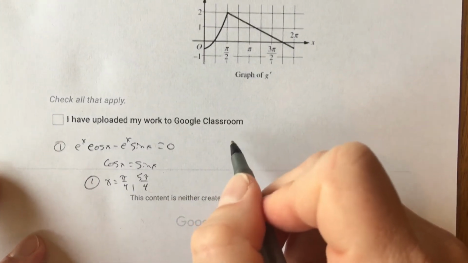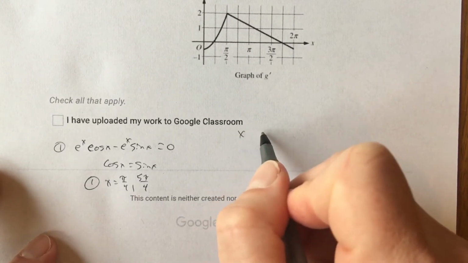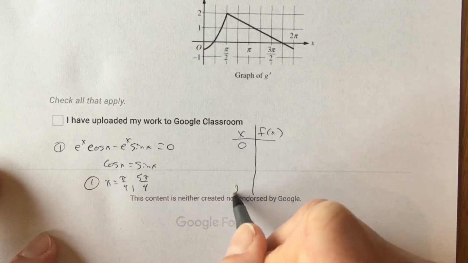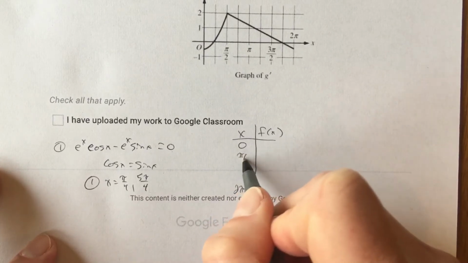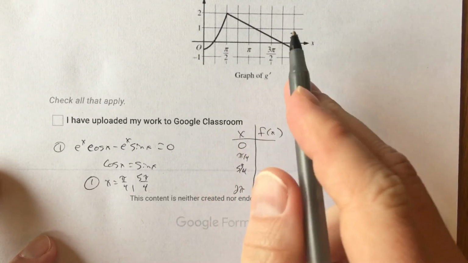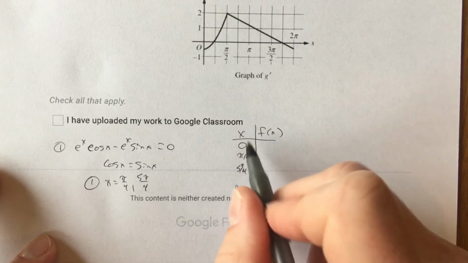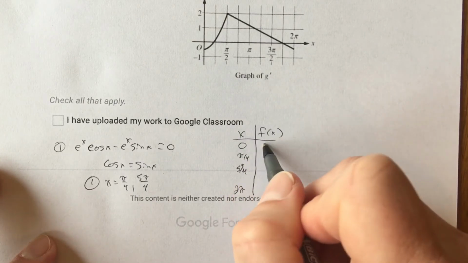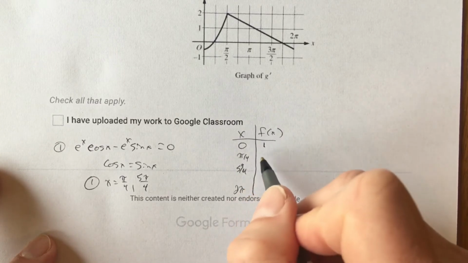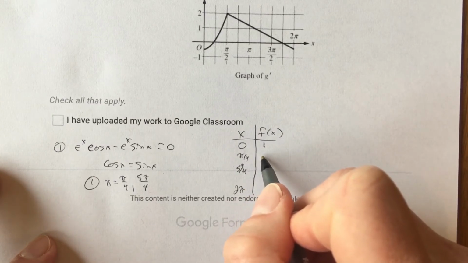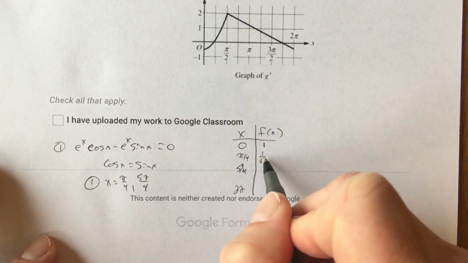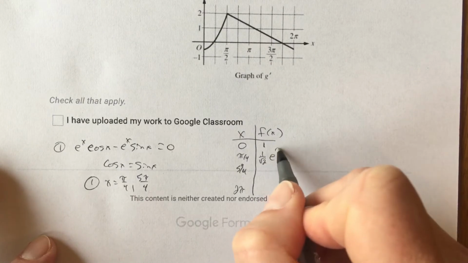Okay? From there, what they'd want you to do is to actually figure out what these values are. And remember, for an absolute, you have to include the endpoints as well. So they wanted you to throw 0 in, see what you get, throw pi over 4, and so on. If you put 0 into the function, you're going to get 1. If you put pi over 4 in, what you end up with is 1 over square root of 2 times e to the pi over 4.